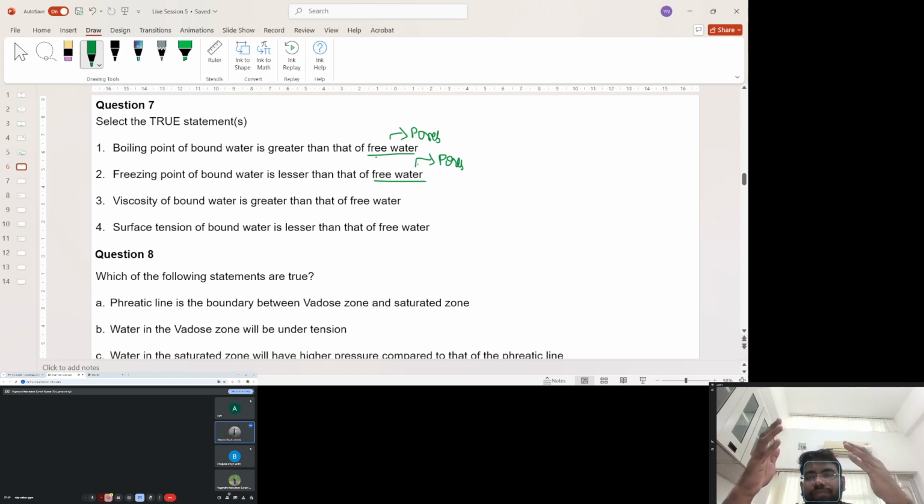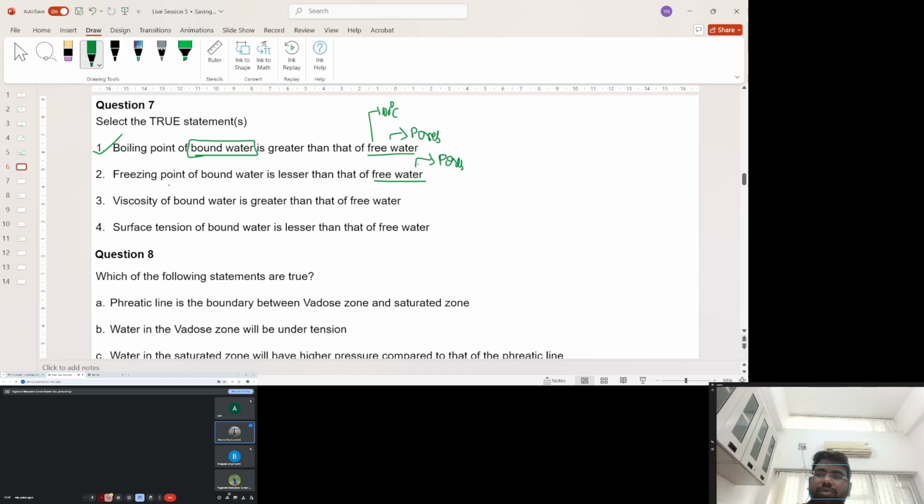So for converting that bound water into vapor, you need extra energy to be supplied. That is why the boiling point of bound water will be more than, if you consider 100 degrees centigrade, you need to supply more than 100 degrees centigrade in order to convert bound water to vapor. So this statement is true.